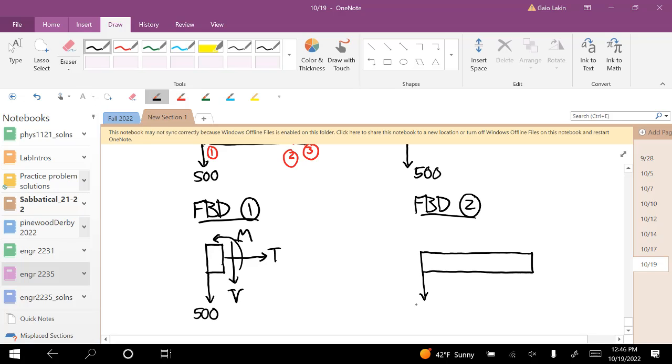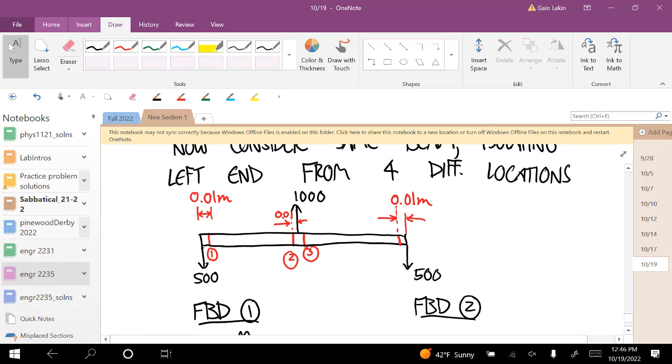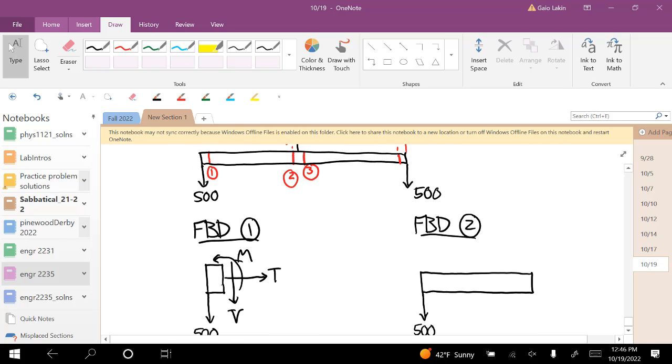There's the downward force of 500. What about the 1,000 Newton force? No, we're still not there. So there's no 1,000 Newton force, and the only thing we have that we haven't drawn yet are the internal loads, T, V, and M.